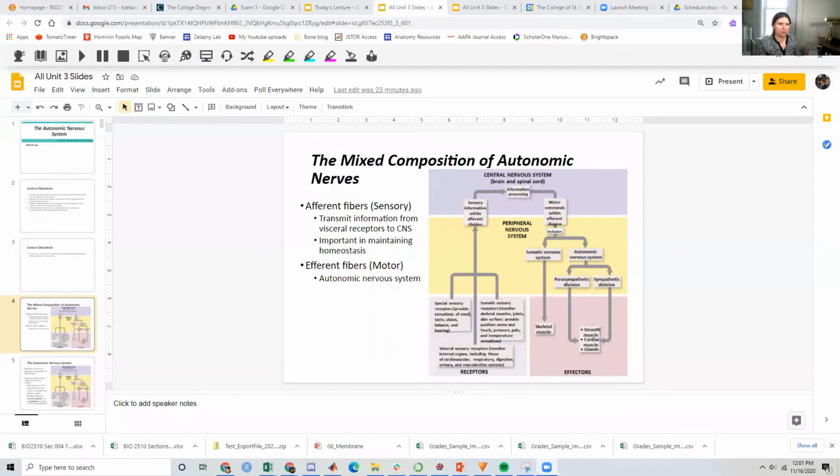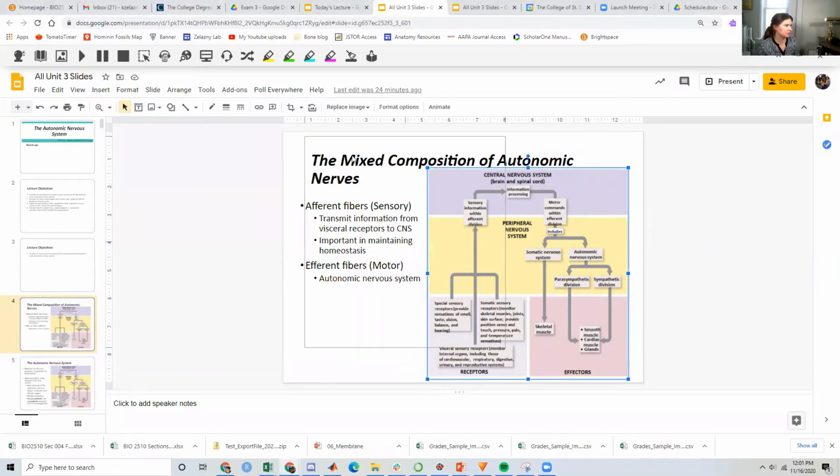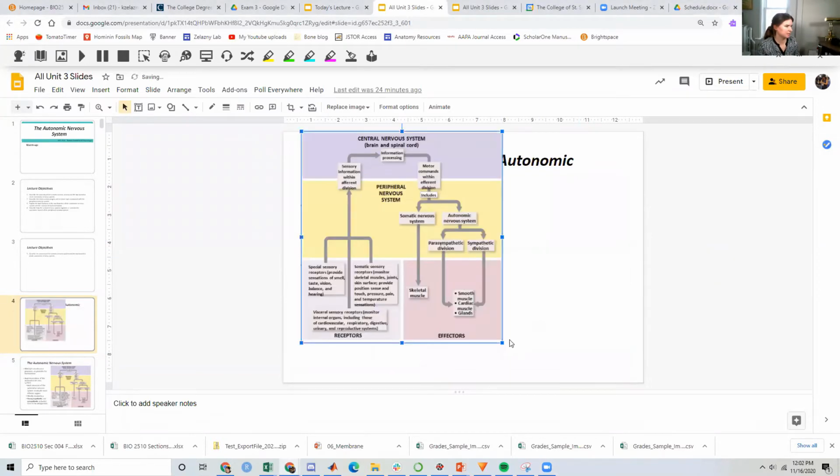So what the first question is doing, right? It says to do a flow chart of the nervous system. So we're using these terms: afferent, parasympathetic, sympathetic, efferent, sensory, motor, somatic, skeletal muscle, smooth muscle, receptors, CNS, PNS. So basically what you should be doing here is pulling out pieces of this chart. Am I screen sharing?